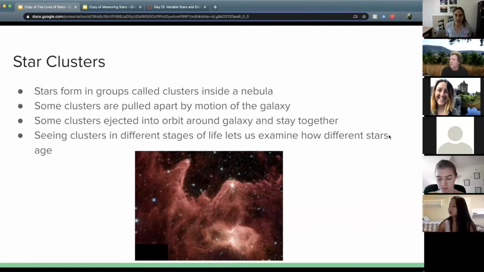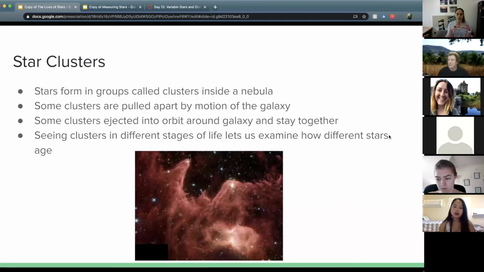Okay. So back to star clusters. When we're talking about the ages of stars, briefly when we started this, we talked about how stars form out of clouds of gas. And one cloud of gas will form many stars. So stars will form kind of in groups. And the really nice thing about looking at these groups of stars is that we know they all probably formed about the same time.